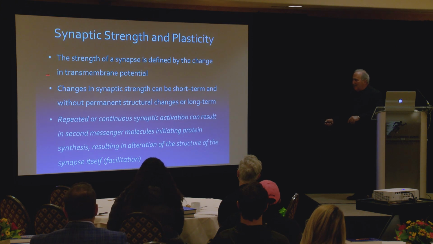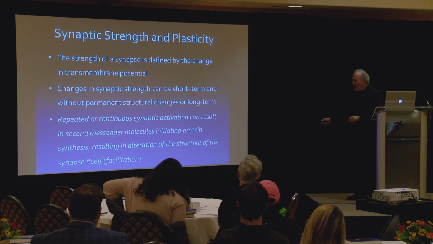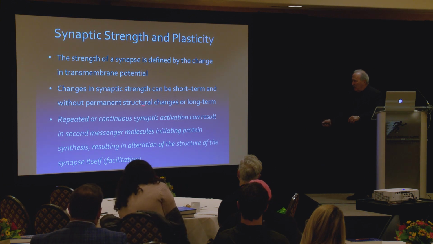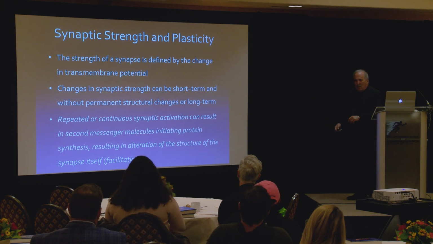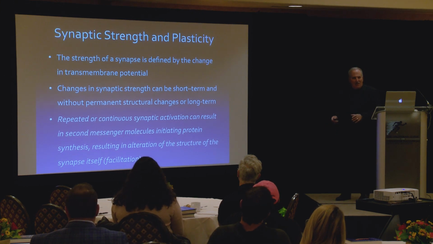So again, we'll go through this. The strength of a synapse is defined by the change in the transmembrane potential. Changes in the synaptic strength can be short-term without permanent structural changes, or long-term. So the actual synapse can change physiologically to make the nerve easier to conduct the next time, or more problematic, harder to create another voltage.